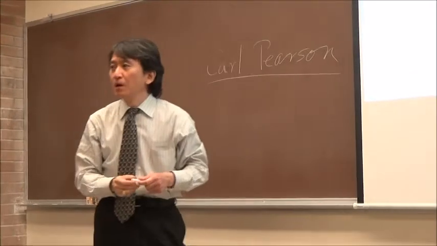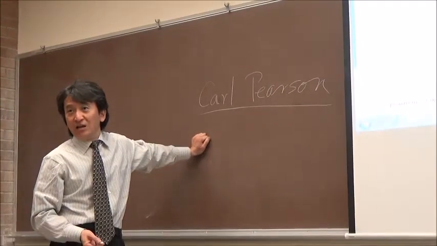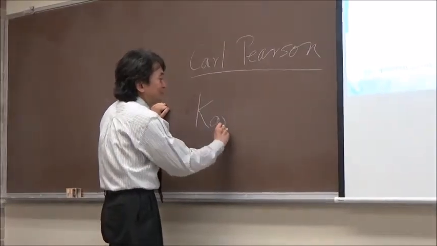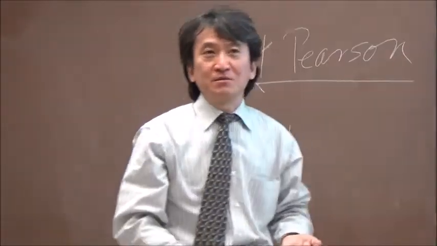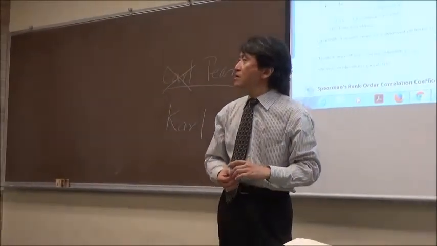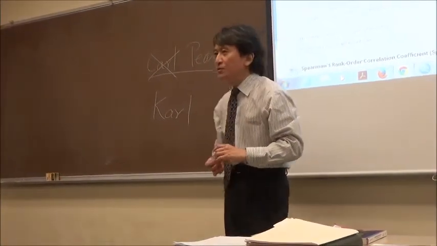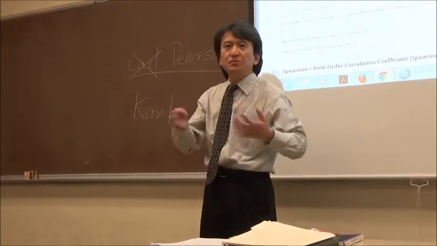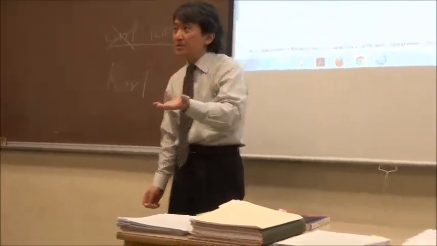His first name is Carl, C-A-R-L, but he loved Karl Marx, so he officially changed it to Karl, K-A-R-L. I'm not kidding. I think this was at the turn of the century, a long time ago, of course. He was really good at mathematics, and he developed so many statistical techniques, including this one, the Pearson product moment correlation coefficient. With me so far?